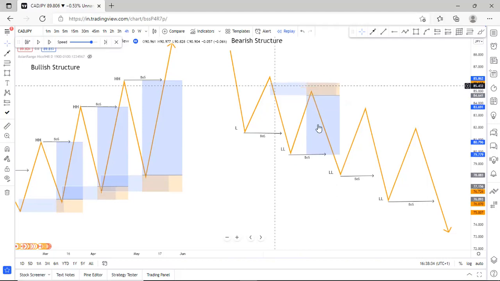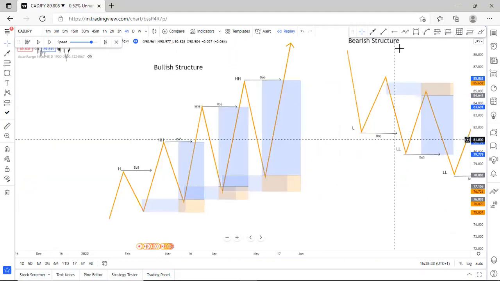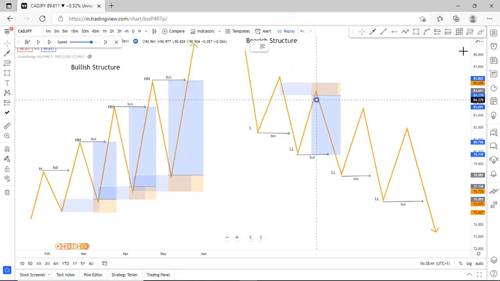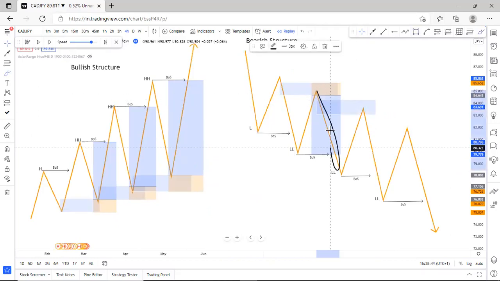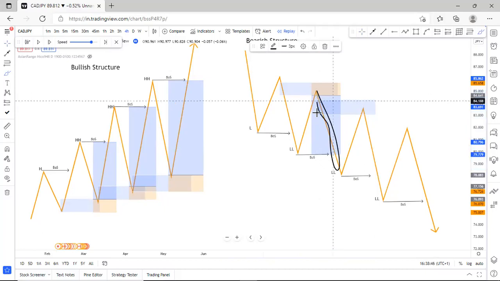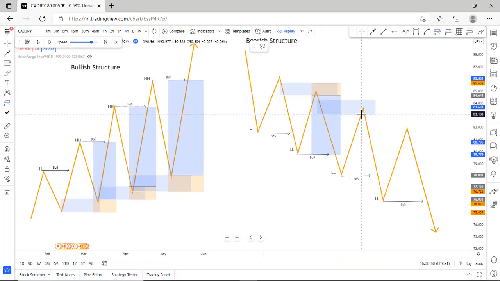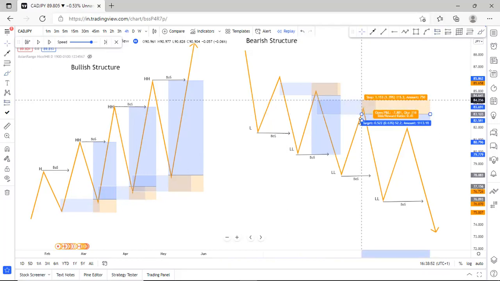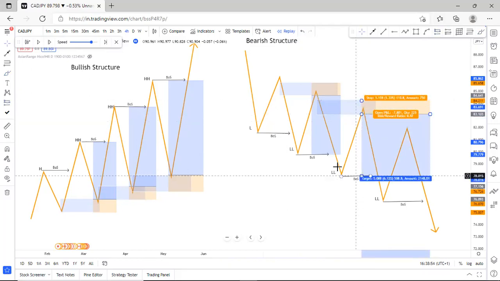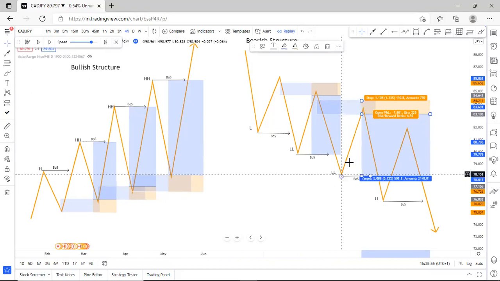Price breaks below this zone, and all we need to do is look for our supply zone at this leg of the push, right here, and take our sell trade off this zone, taking profit at the last low that was formed.